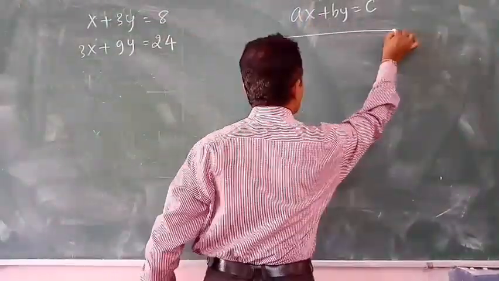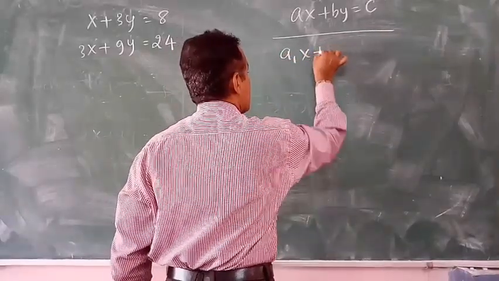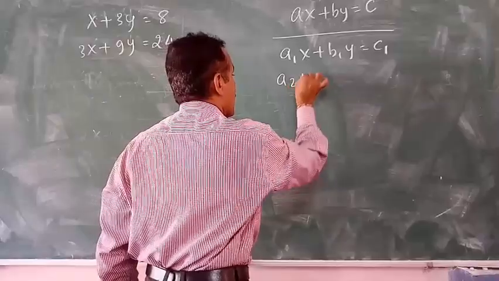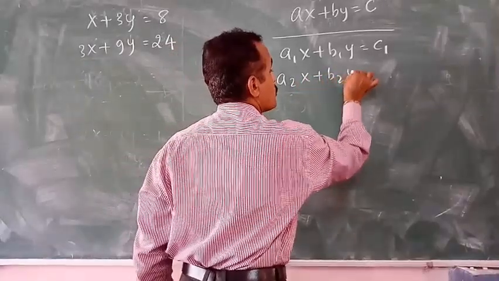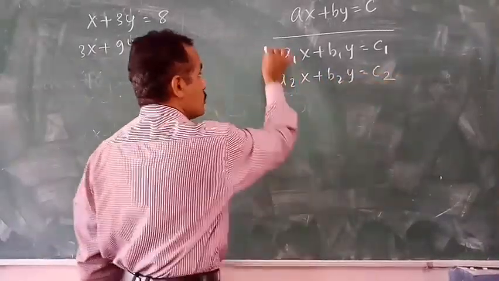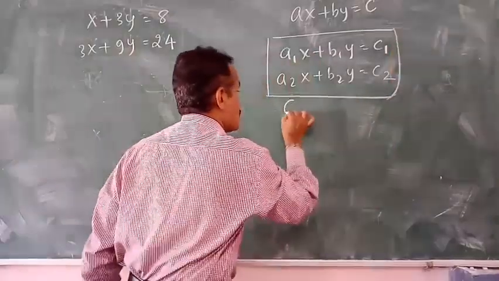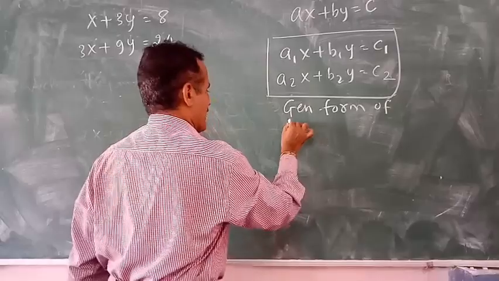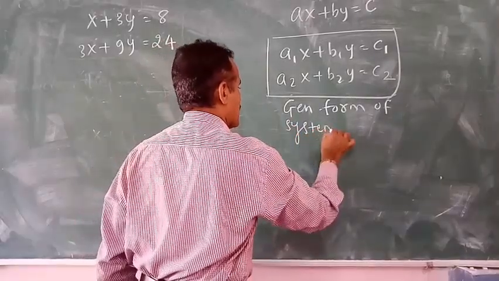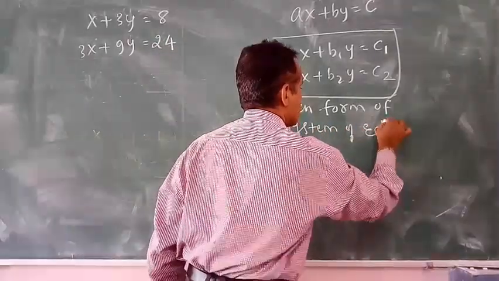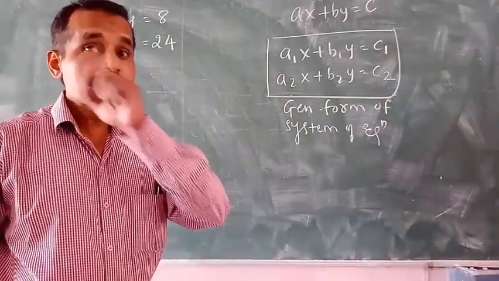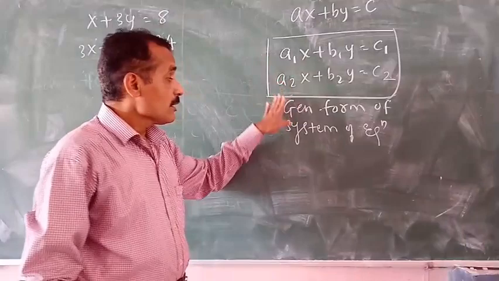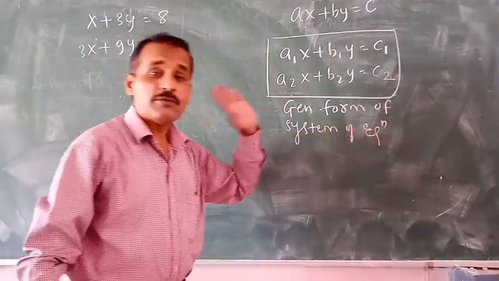The general form of a system of equations is a1x plus b1y equals c1, and a2x plus b2y equals c2. Now listen very carefully.